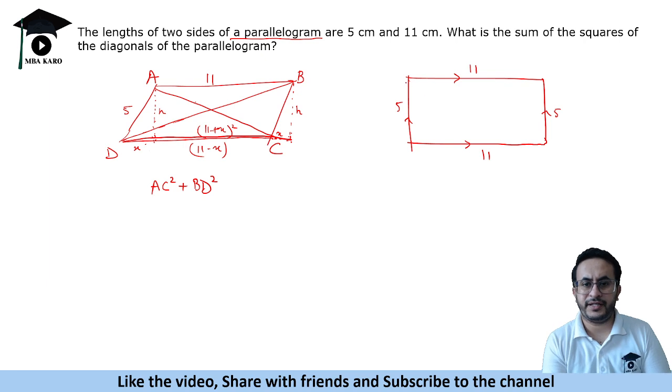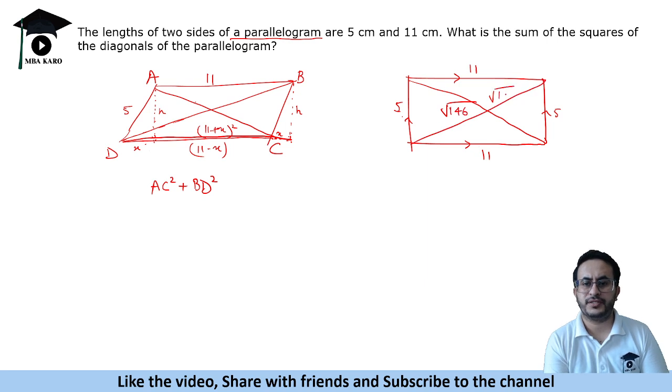Now if you have a rectangle in place, you can easily find this. So this is 5 and this is 11, so root of 25 plus 121, that is root 146, and this is also root 146. So both diagonals are equal. Sum of the squares of the diagonals: 146 plus 146, the answer is 292.